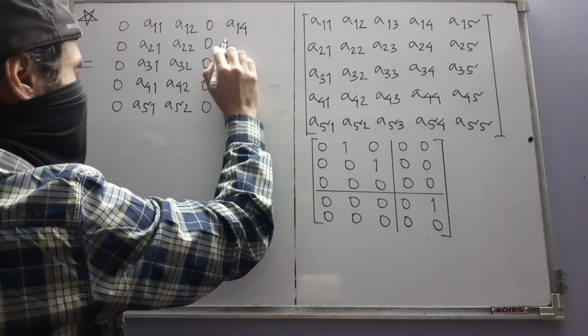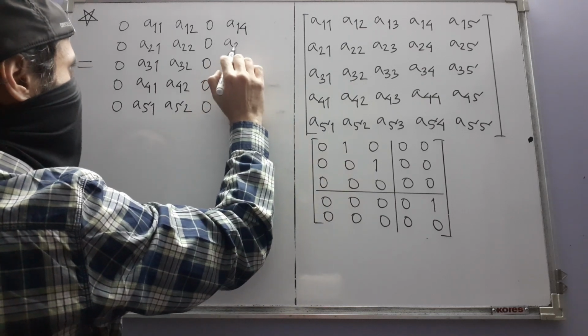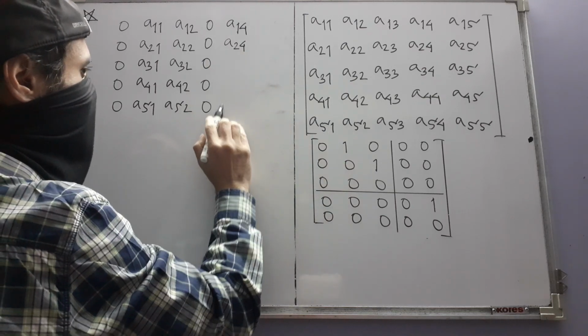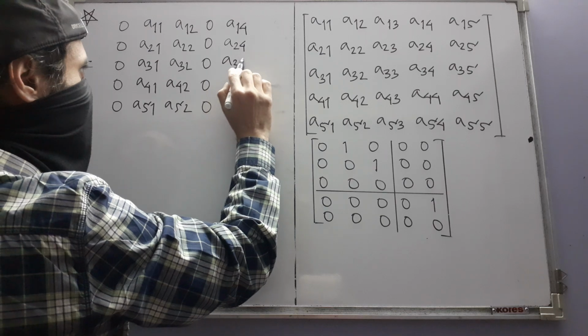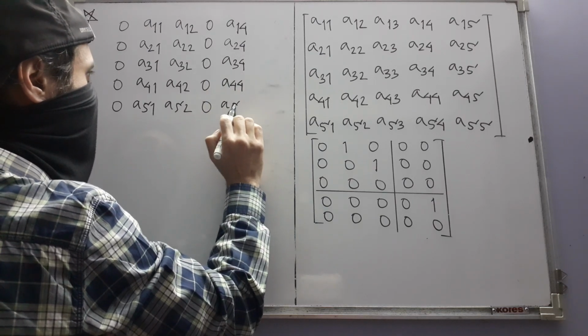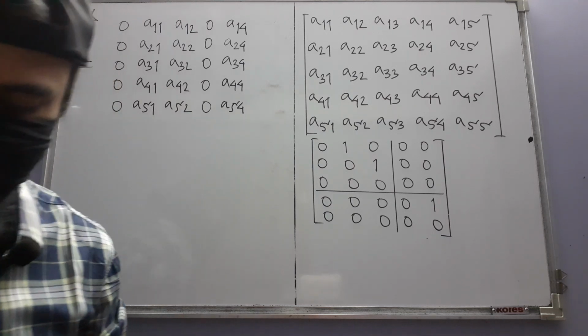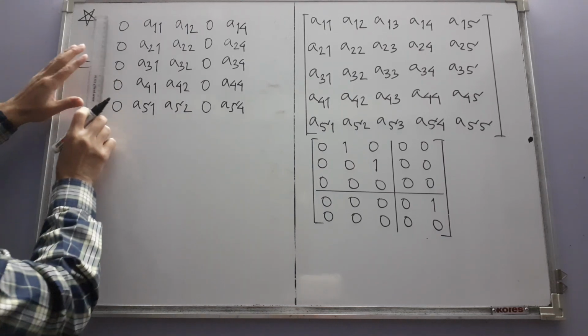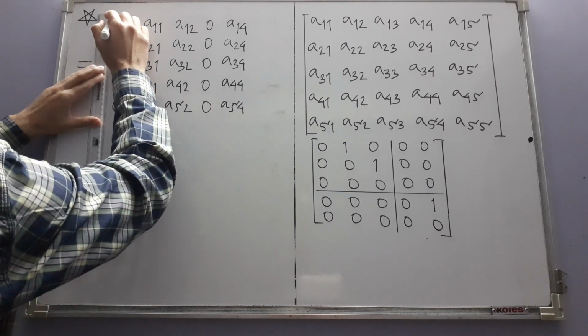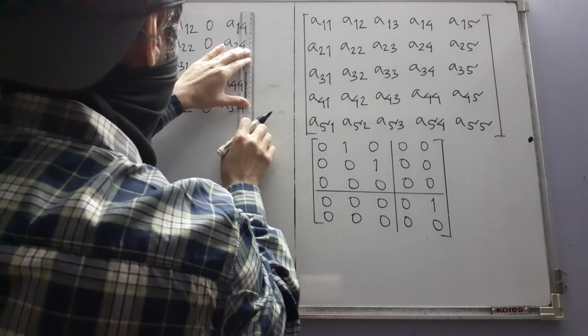Just like that with the other rows also, if we multiply this final one, we are going to get A24, A34, 44, 54. So what is the pattern of the product matrix? What do we see from this? And can we guess the general one?